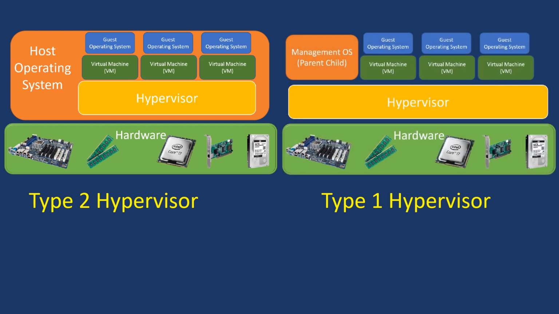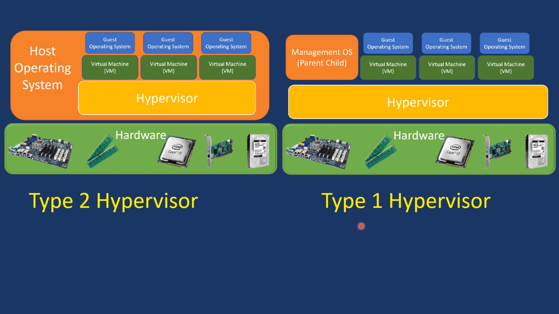This picture shows again type 2 hypervisor and type 1 hypervisor. As you can see here, in type 2 hypervisor, you have the hardware, then you have an operating system, and inside that operating system on the computer, you install the hypervisor. Then on top of that, you can create virtual machines.